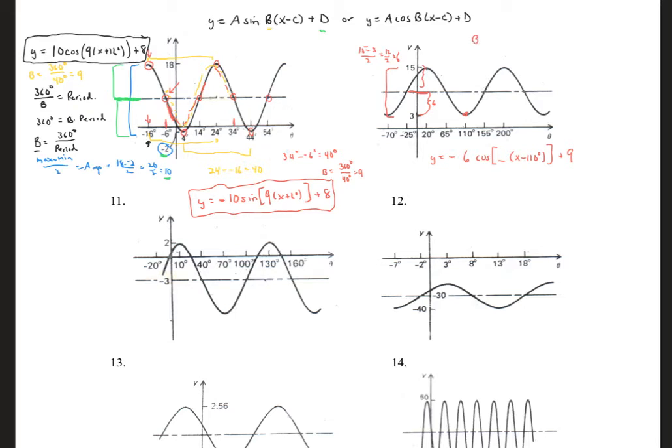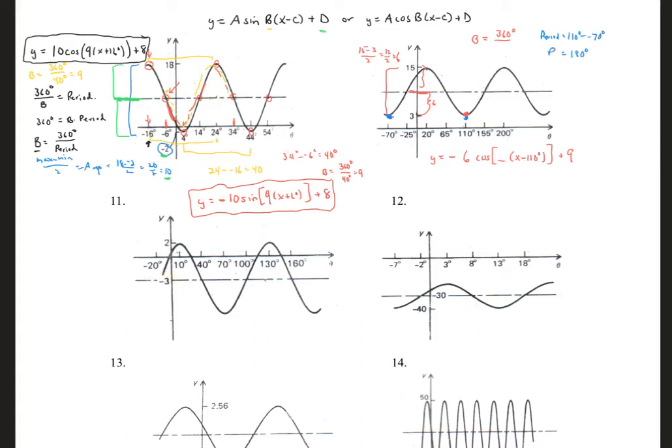And now here again, the hardest part is that B. Remember, B is going to be the natural period, which if we're in degrees is 360, divided by the actual period. So let's see, for the actual period, I've got a low point here at 110. Let me change colors so we can see it. Here's 110. Here's the other low point that we can see the x value for. So I'm going to take right minus left. So our period is going to be the 110 minus the negative 70, which is 180 degrees.